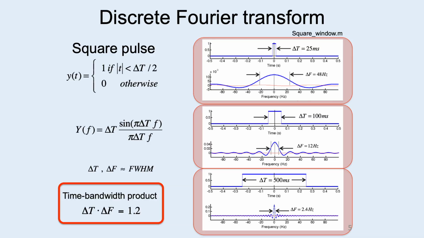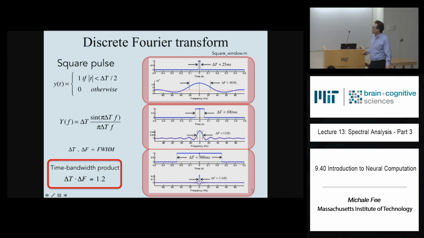The time-bandwidth product of this square pulse and sinc function is independent of the width. It's a characteristic of that functional form.